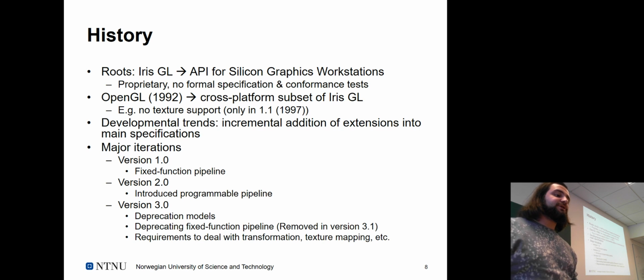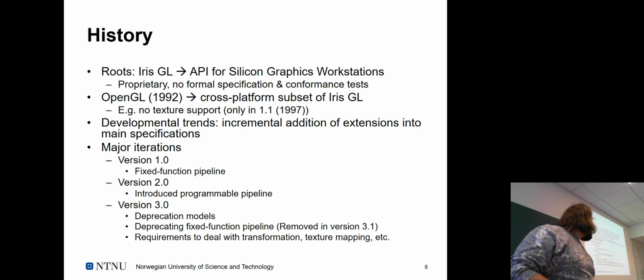In version 2, they introduced a programmable and manipulable pipeline. In version 3, they started marking and then removing some obsolete functionalities, like the fixed function pipeline was removed in the subsequent version.